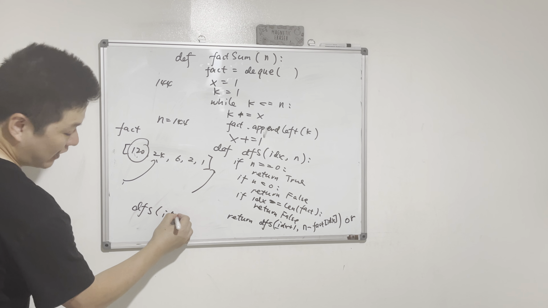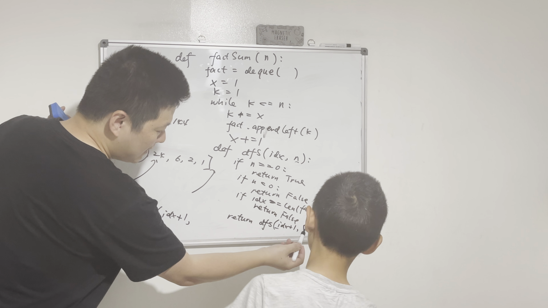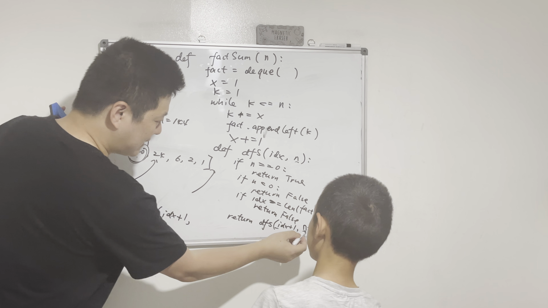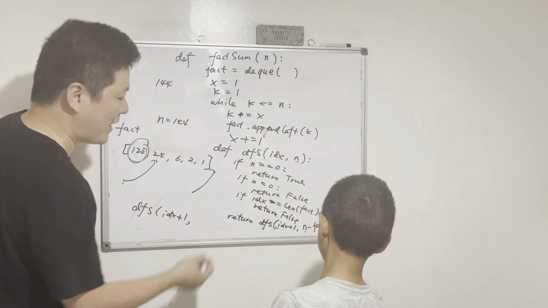If you don't pick, what happens with this n? Currently it is n. If I pick one item, then I subtract this. If I don't pick this, do I need to subtract?